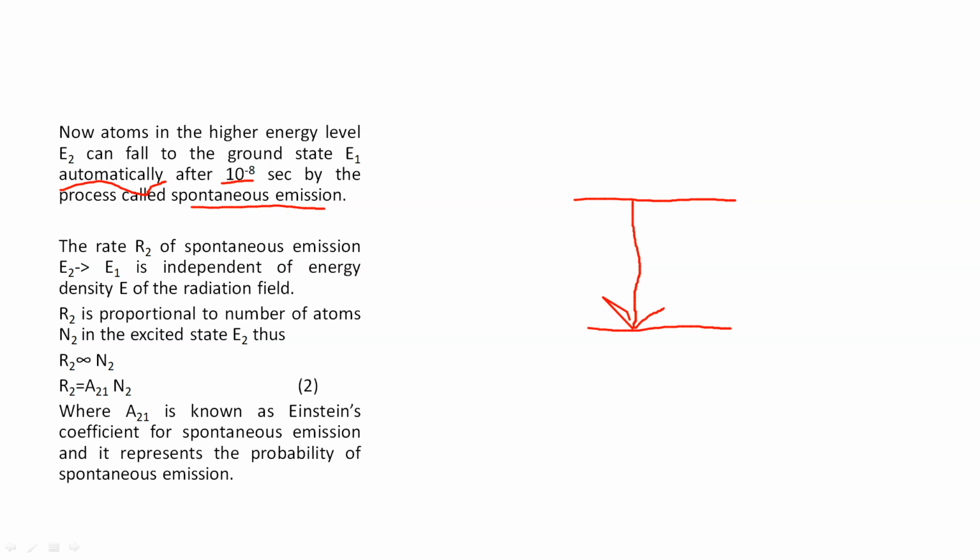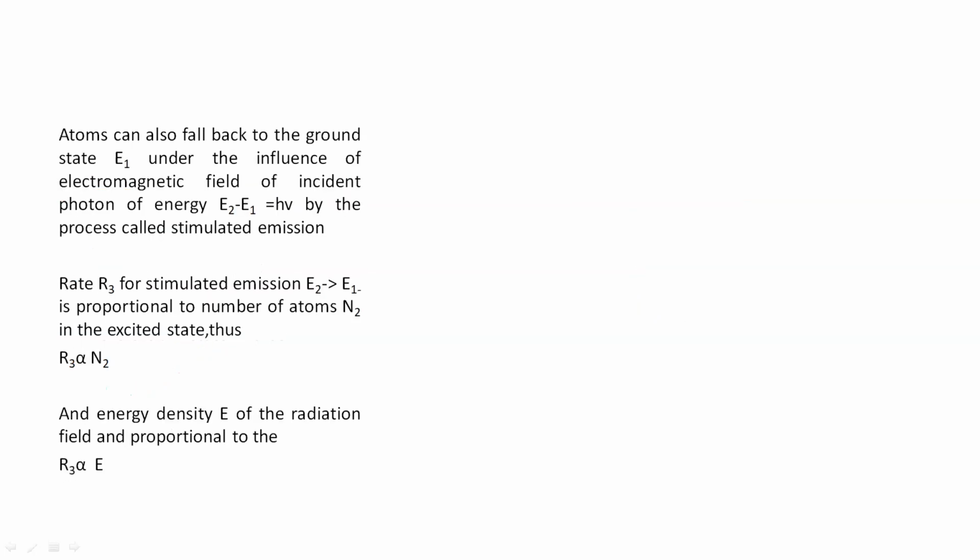Now this rate of spontaneous emission, that is R2, is independent of the energy density of the radiation field. We are not providing any energy. So R2 is proportional to N2, that is the number of atoms per unit volume in state 2, the upper state, or R2 equals A21 N2, where A21 is known as Einstein's coefficient for spontaneous emission. It represents the probability of spontaneous emission.